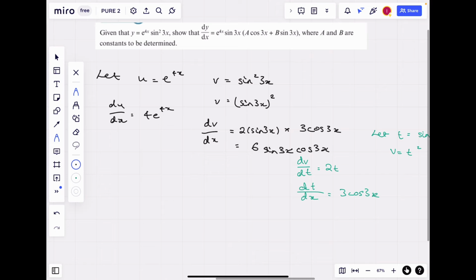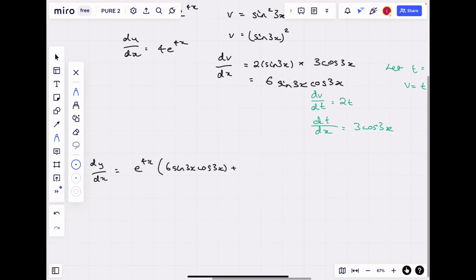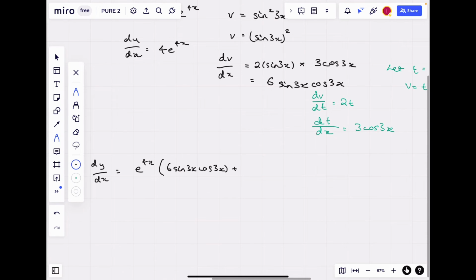Now we're ready to use the product rule. e to the power of 4x times 6 sine 3x cos 3x plus v, sine squared 3x, times du by dx, 4e to the 4x.